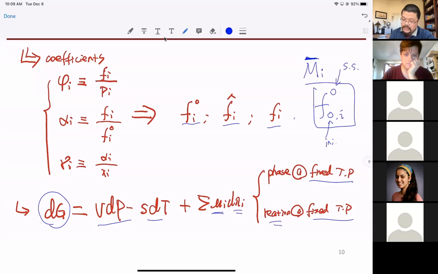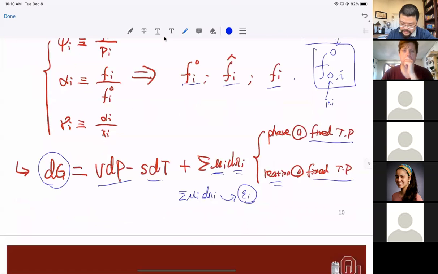For the reaction, I hope you realize that we have the other equation, which is mu i dn i. We are going to replace that by the reaction coordinate and move on. And that is the most recent discussion on the reaction equilibrium, right?